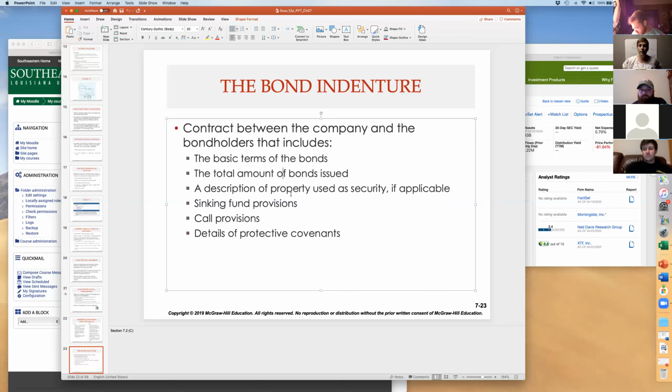Call provisions, when they call it a callable bond, the call option has been issued to the company, the entity that's actually going to be issuing the bond. And the problem with callable bonds for the investor is that you are forced to sell back the bond to the company at a specific strike price, which may be below, maybe above, maybe at the market price.